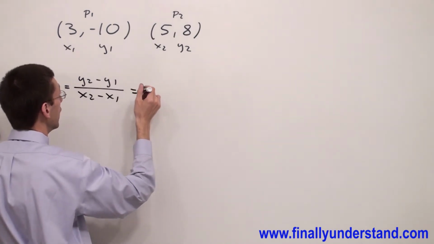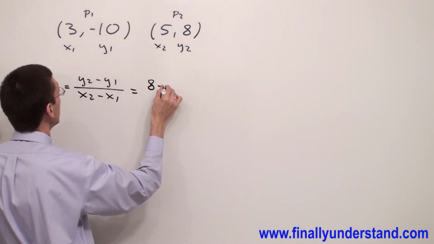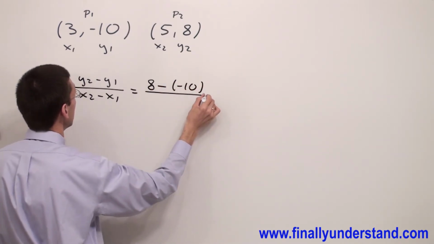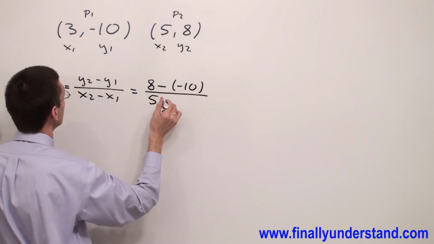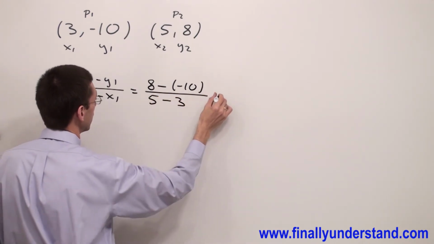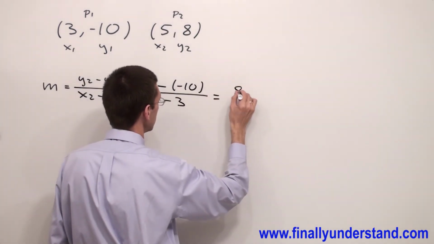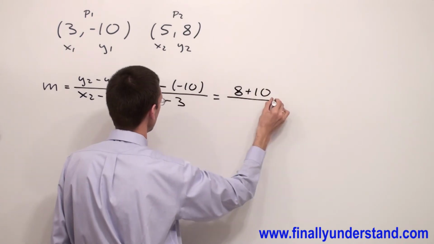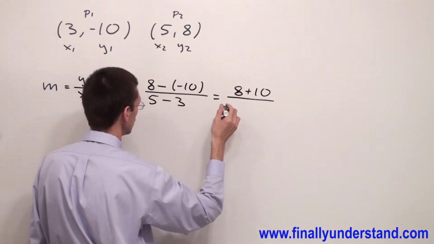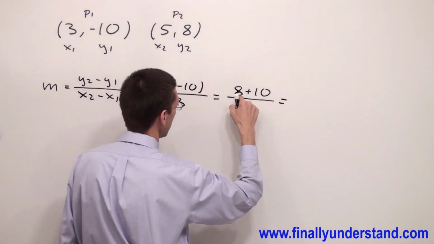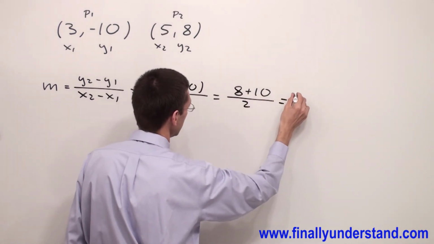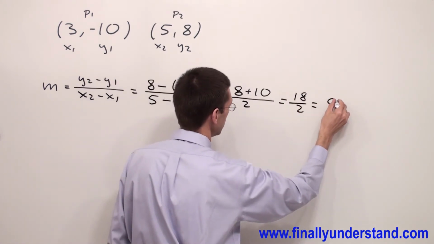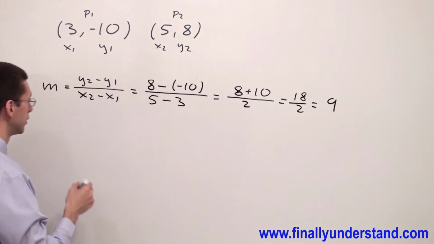So I have y2, 8, minus y1, which is negative 10, over x2, which is 5, minus 3, equals 8, negative times negative gives me positive, over 5 minus 3, is equal to 8 plus 10 is equal to 18 over 2. 18 divided by 2 gives me 9. My slope is equal to 9.